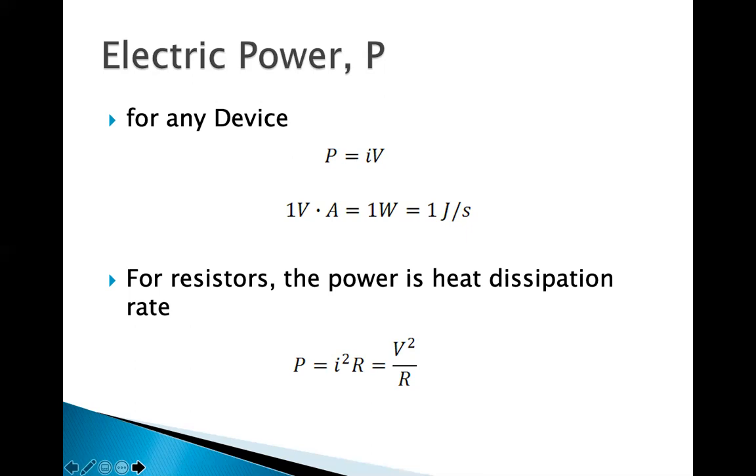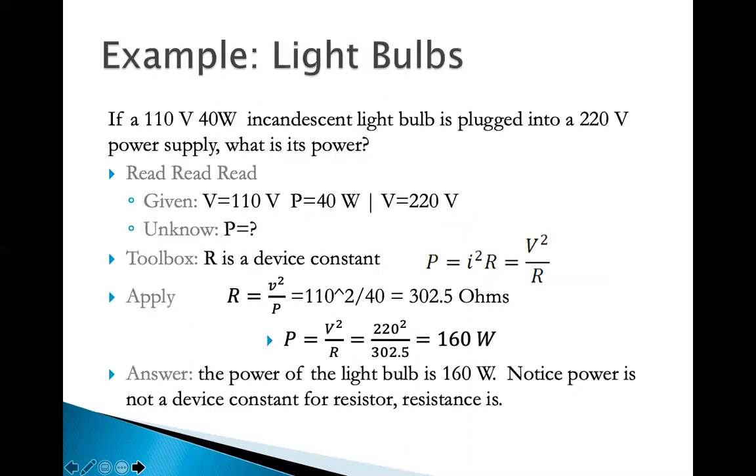In the case of light bulbs, sometimes it also glows and gives out light. But for the majority of resistors, including heaters and just wires in general, the heat dissipation rate is the amount of electric energy that's converted to heat energy per unit time.